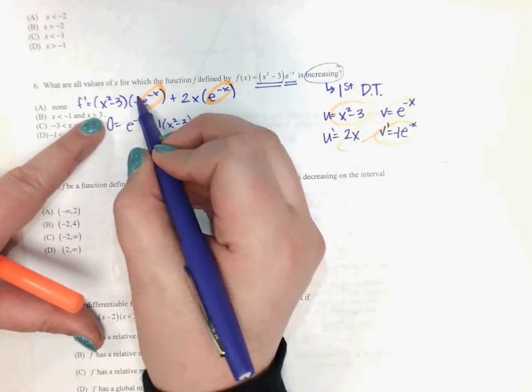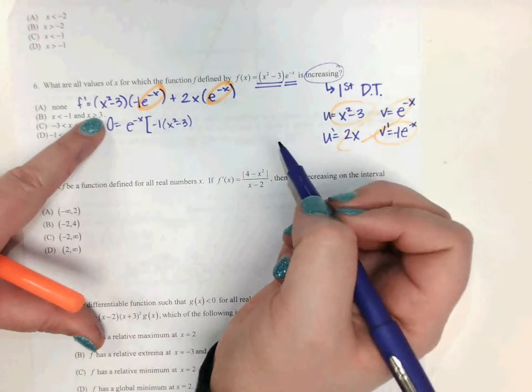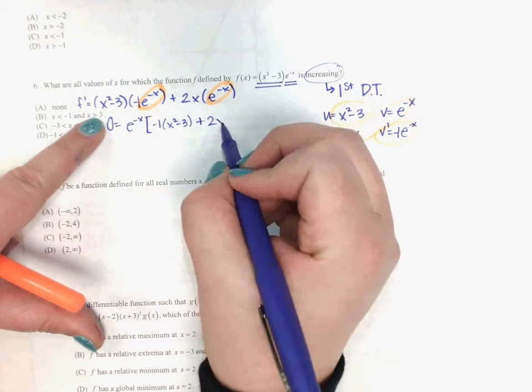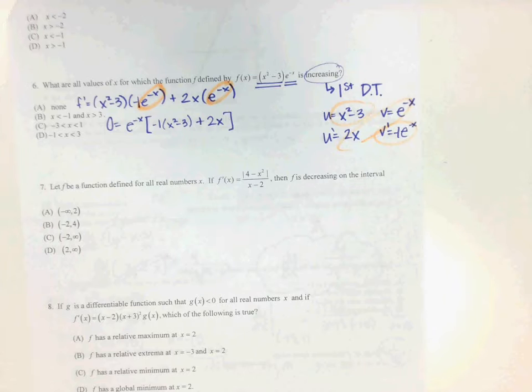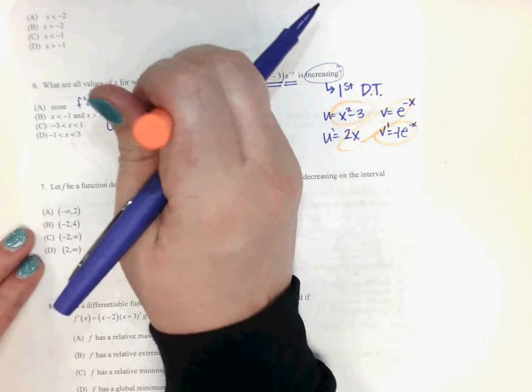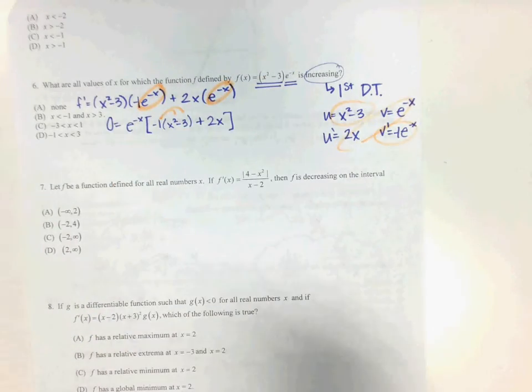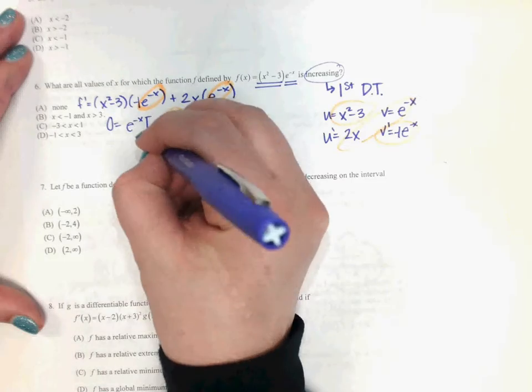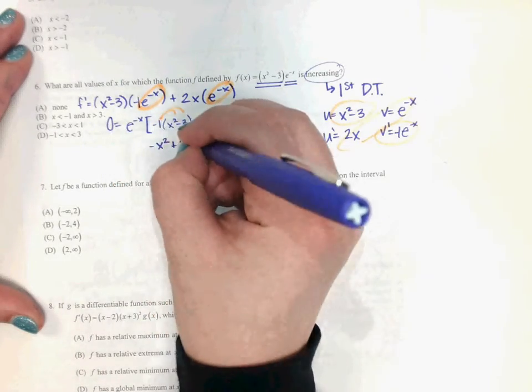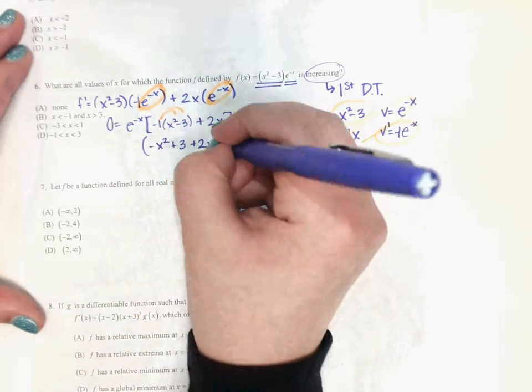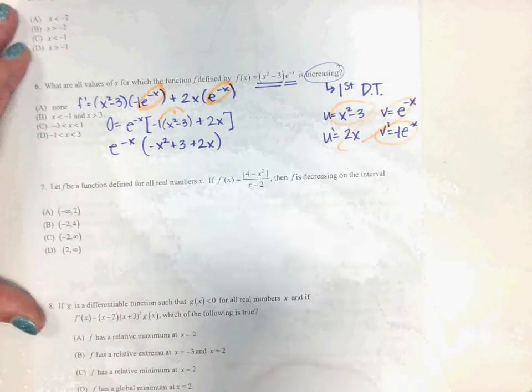So my negative 1 has to stay, x squared minus 3 also stays, plus a 2x from the second. And then remember, I got to distribute that minus 1 into those first two little guys. So what are my signs in there now? It's a negative x squared, a plus 3, and a plus 2x. E to the negative x on the outside.